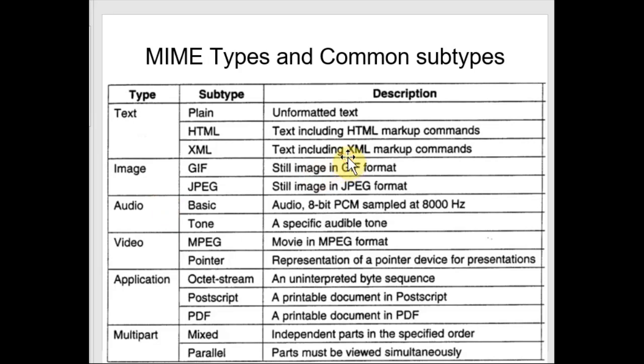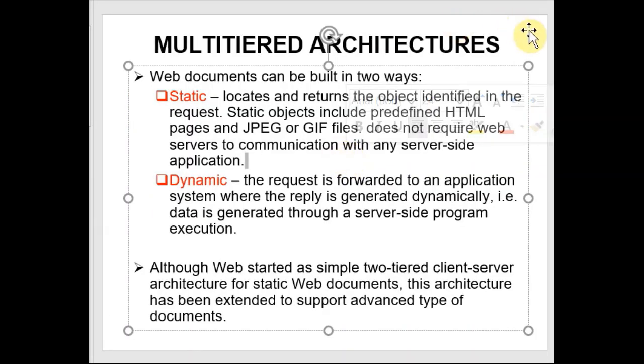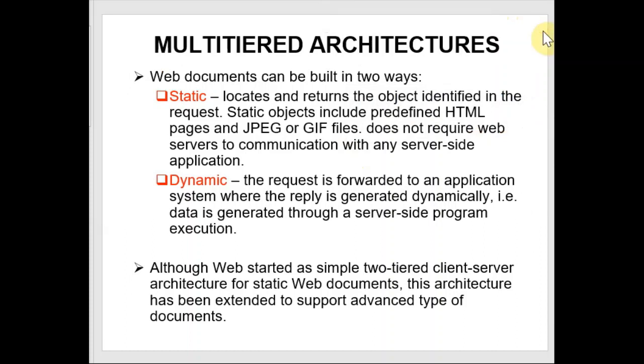So, next is multi-tiered architecture. The combination of HTML or any other markup language such as XML with scripting provides a powerful means for expressing documents. However, we have hardly discussed where documents are actually being processed and what kind of processing takes place.